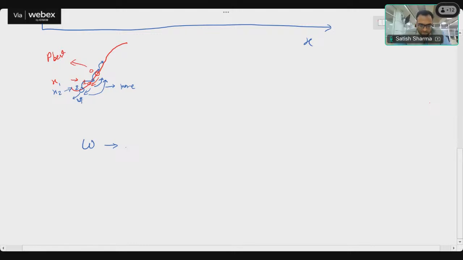How we are updating our solution defines the advancement in PSO. The very fundamental version is what I have explained to you. Now sometimes I want, first of all, to explore the entire solution space. So let me give you another example.